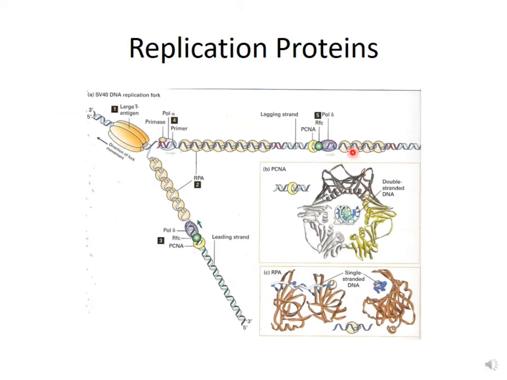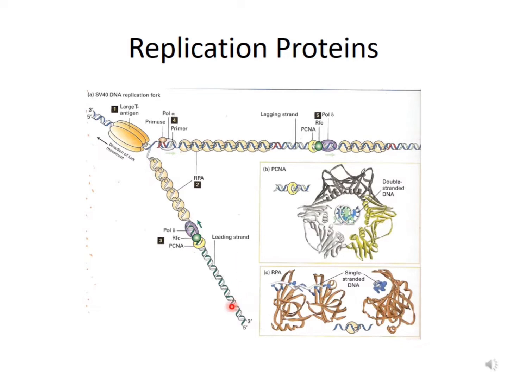So this is a more detailed depiction of the replication fork. We have the large T antigen, which is the helicase. It moves in this direction. As it moves, it unwinds the parental double helical DNA. So we have two exposed DNA strands. The one that the daughter strand can grow on in the 5' to 3' direction is called the leading strand.